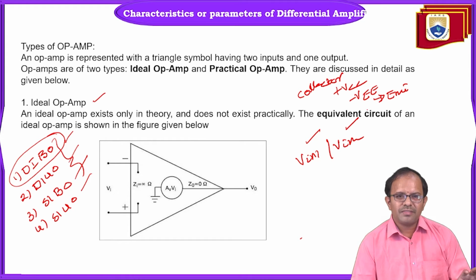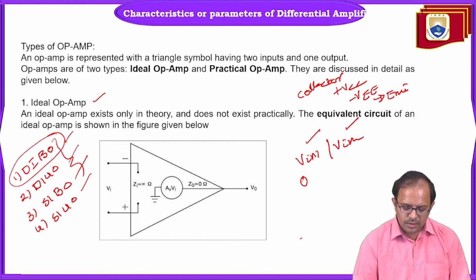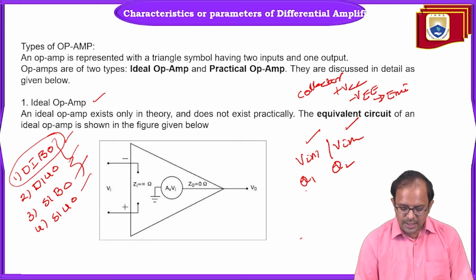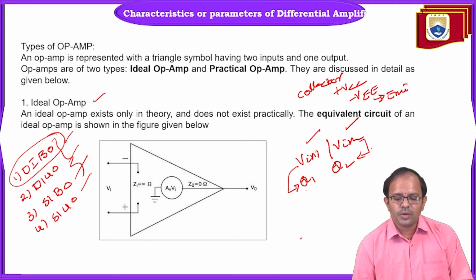So what is meant by either Vin1 or Vin2? We have two transistors, Q1 and Q2, out of which either Vin1 is connected to the base of Q1, or Vin2 is connected to the base of Q2.